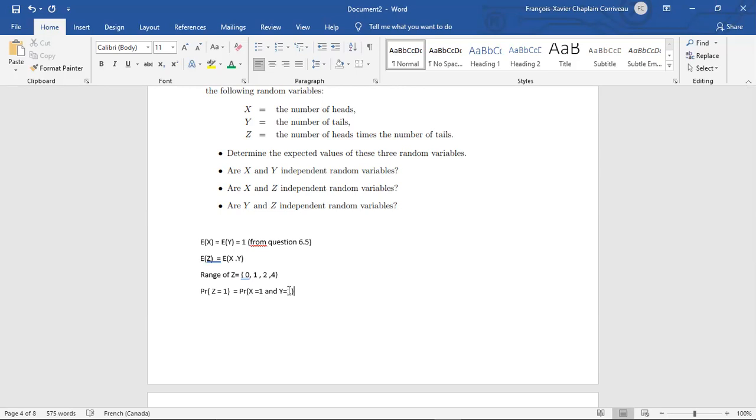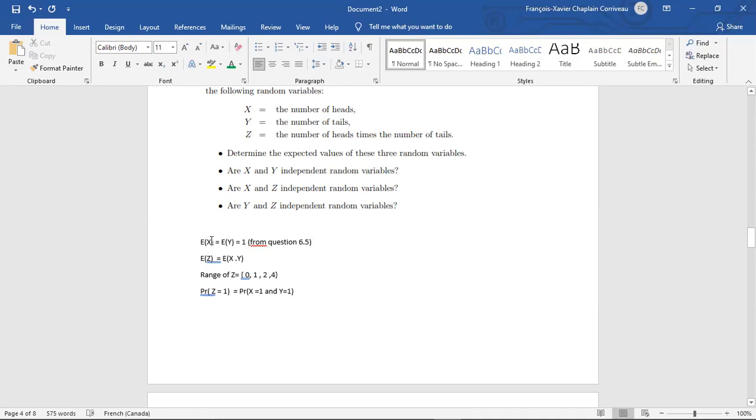Okay. So now what do we do? What is this thing? A half. Why is it a half? So this comes from question 6.5.